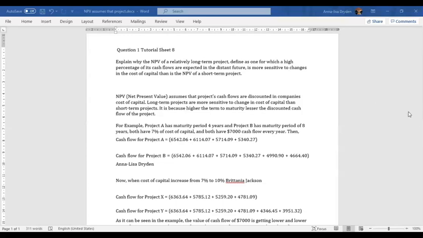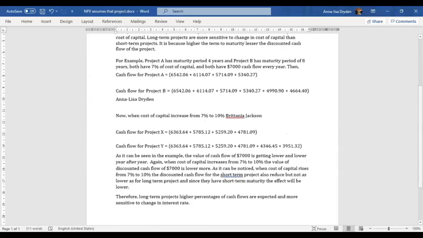The cash flow for project B would be $6,542.06 plus $6,114.07 plus $5,714.09 plus $5,340.27 plus $4,990.90 plus $4,664.0. Now I'll be handing over to my partner.